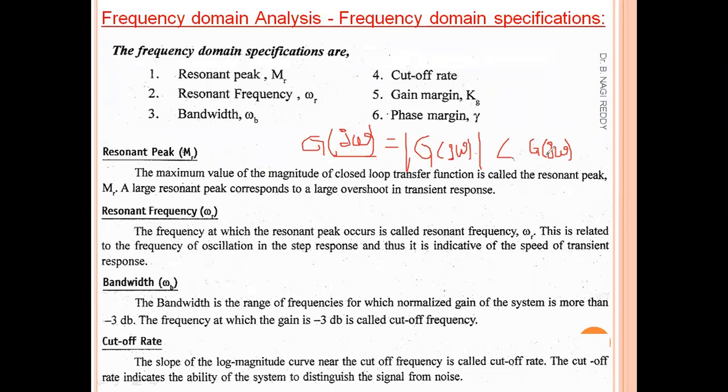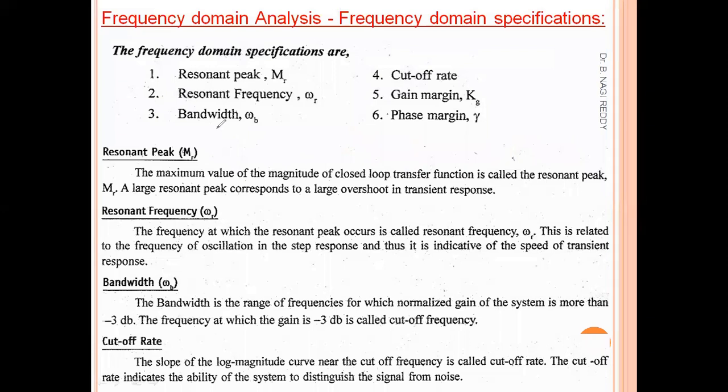So you can see there are two terms. That's why we have two plots. One is the magnitude plot and the second one is the phase plot. Sorry, not polar plot, it's a phase plot. The phase plot is based on the angle, and the magnitude plot is based on the gain. So based on the gain and the angle, we can plot magnitude and phase plots, right?